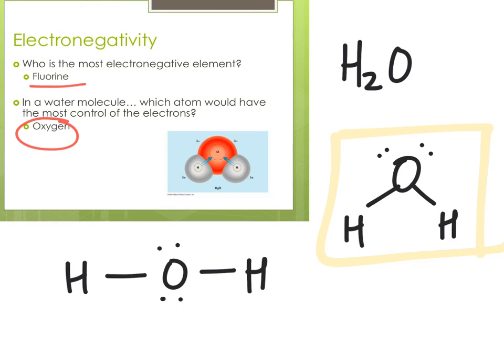And so what we end up seeing is that the electrons are going to spend more time around this oxygen and less time around this hydrogen. Yes, the hydrogens are being held together through these bonds to oxygen, but the oxygen's greater electronegativity value is going to hog those electrons within the bond.